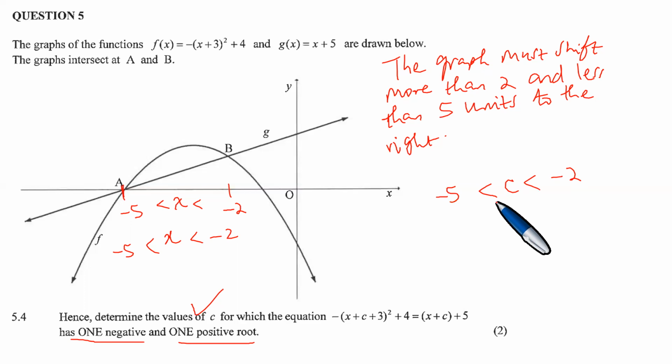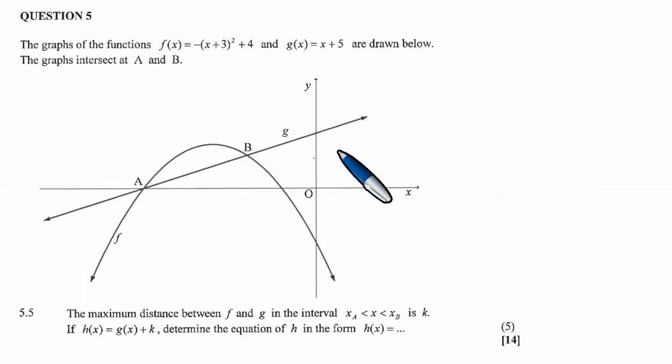We move on to the next question. We still have the same graphs, F and G, and they've been drawn here. We already know the graph. Determine the maximum distance. So we're looking for the maximum distance between F and G in the interval XA and XB. So we have XA and we have XB. Okay, we're about to conclude our lesson.